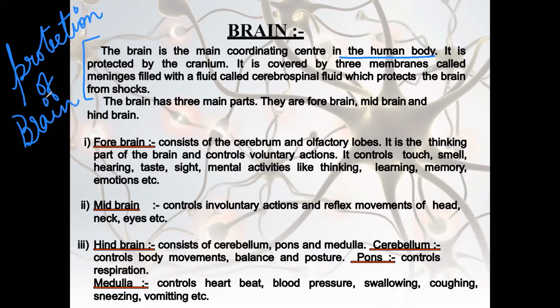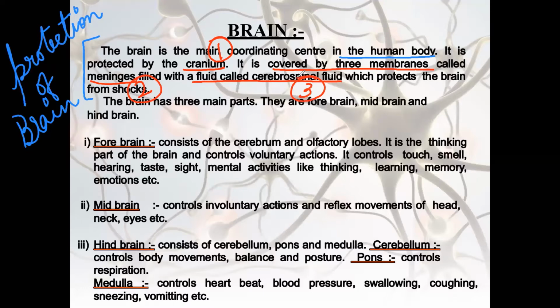How is the brain protected? Number one, through the cranium. Then it is covered with three membranes, which are known as meninges, and then it is filled with cerebrospinal fluid. So number one is the cranium, number two is the meninges, and number three is cerebrospinal fluid.